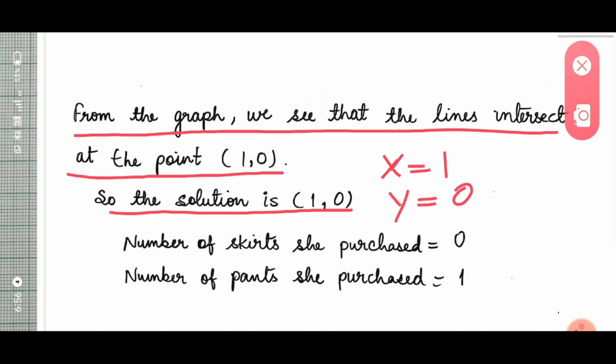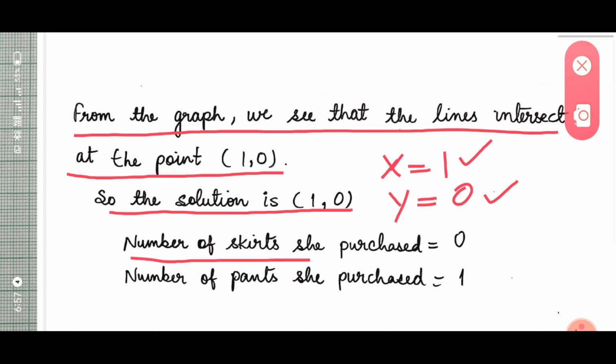So what is x representing? X is representing the number of pants, right? And what is y? Y is the number of skirts. So you can see that the number of skirts is 0 and the number of pants is 1. So let us write it here.